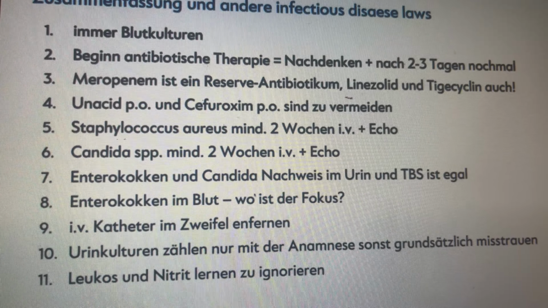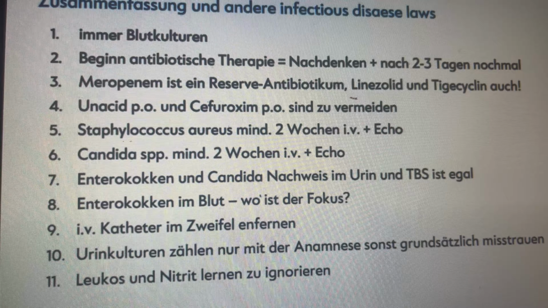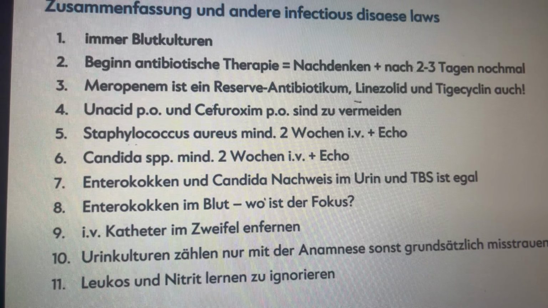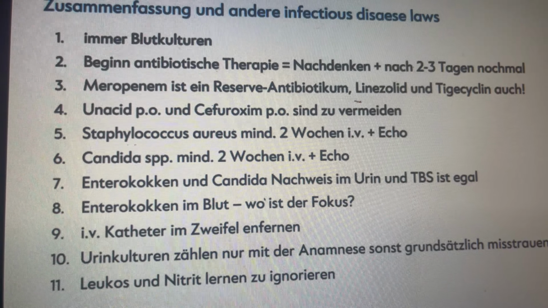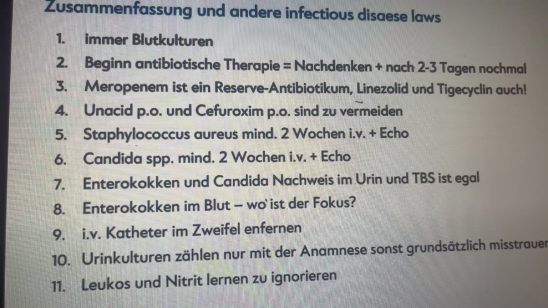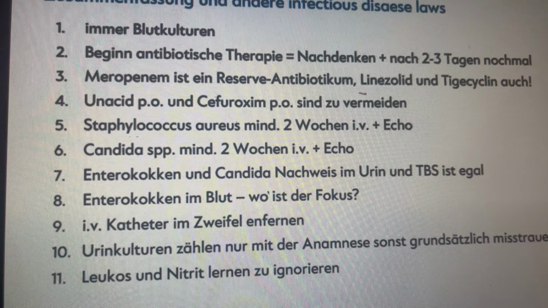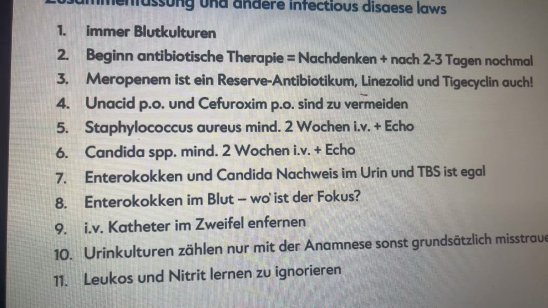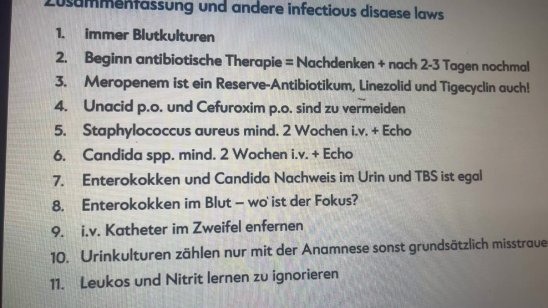So we have to escalate, de-escalate based on the clinical condition and blood culture. Apart from that, meropenem is also a reserve antibiotic, like linezolid and tigecycline. Unacid and cefuroxime are not so recommended because they are oral antibiotics, because they are not so well absorbed in the gastrointestinal tract.